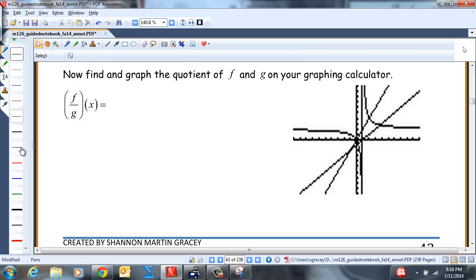So this is our vertical asymptote, right? This one was our green graph from before. This was our blue graph. Our blue graph from before. And then the new one is this one here.